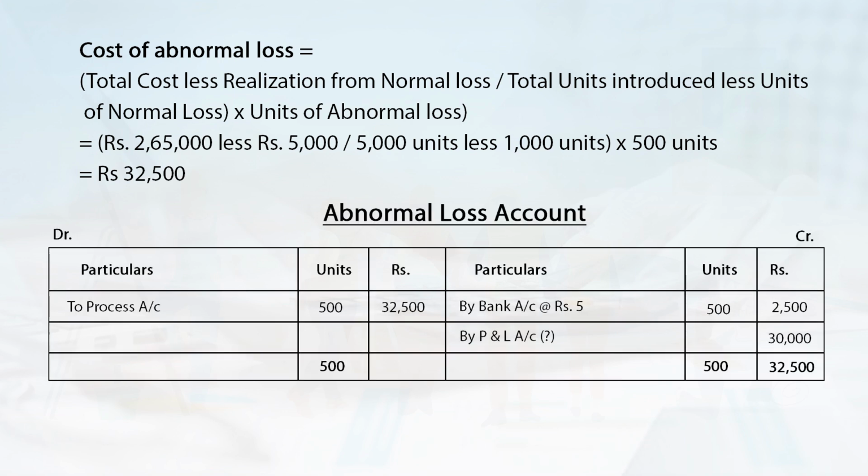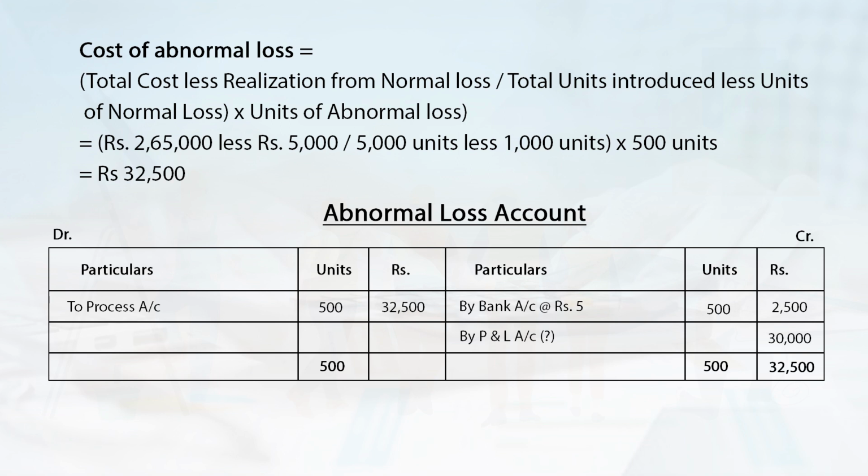Here we are required to prepare abnormal loss account. Let us prepare this account. Abnormal loss account, on debit side we will write to process account, which is of 500 units and its value we have calculated as rupees 32,500.